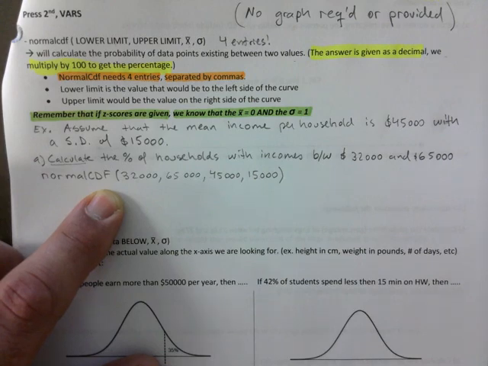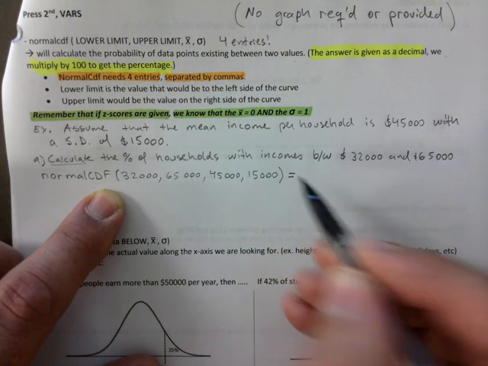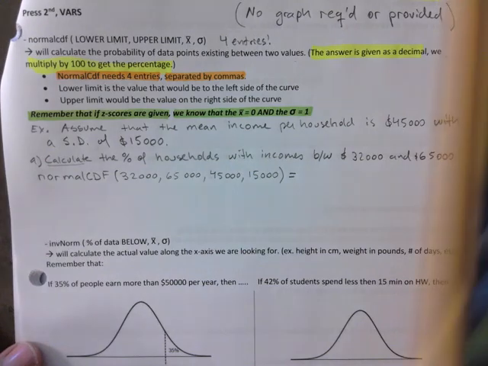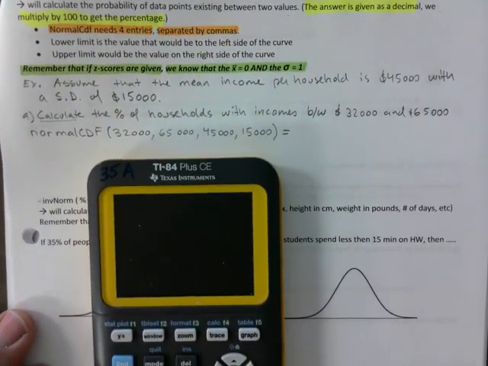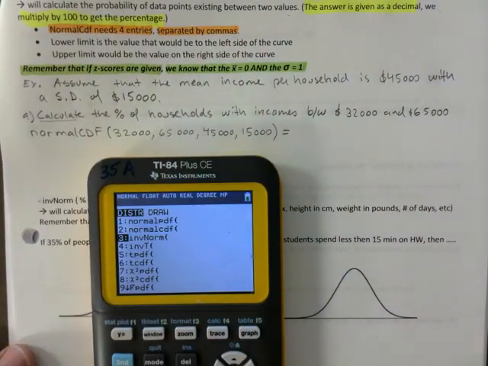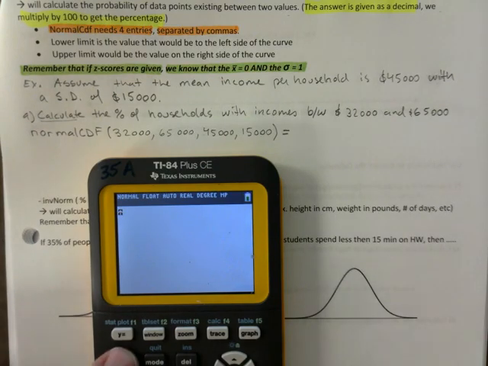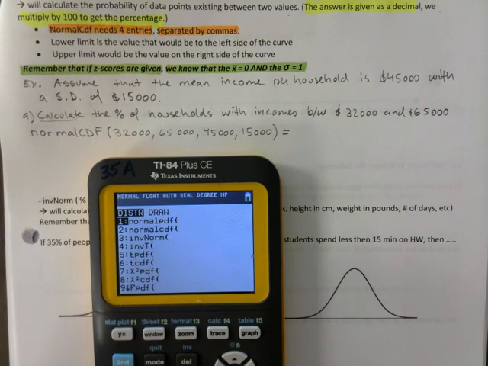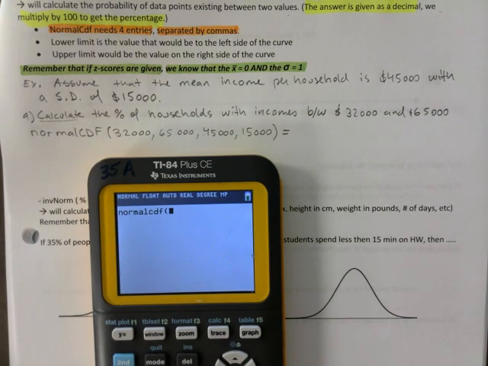Okay. So let's figure out what this is. Grab your calculator. I'm going to quit this. I'm going to go second vars, Normalcdf. So we go 32,000, comma, 65,000, comma, 45,000, comma, 15,000.